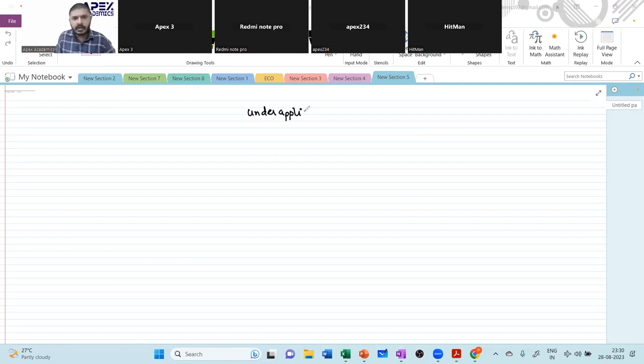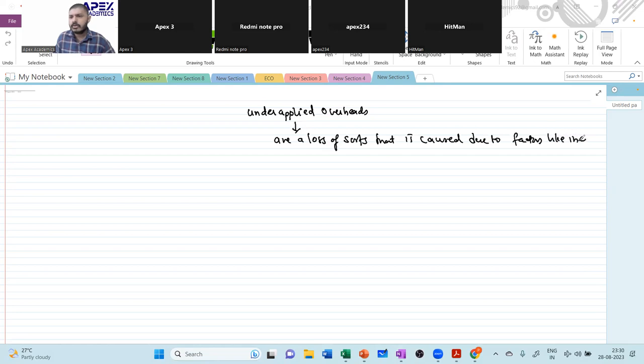You need to appreciate that under-applied overheads are a loss of sorts, caused by factors like inefficiency, underproduction, etc. There are so many factors.